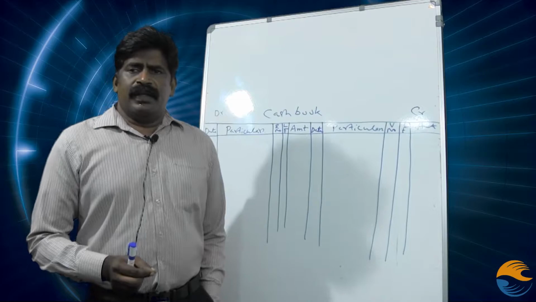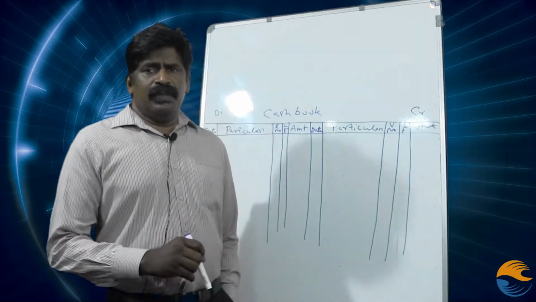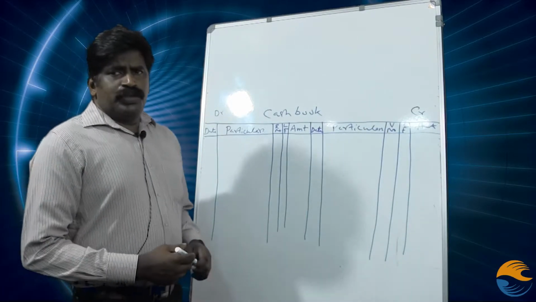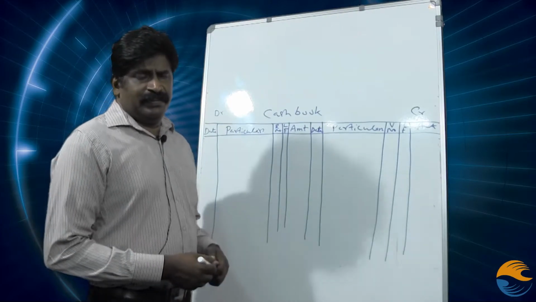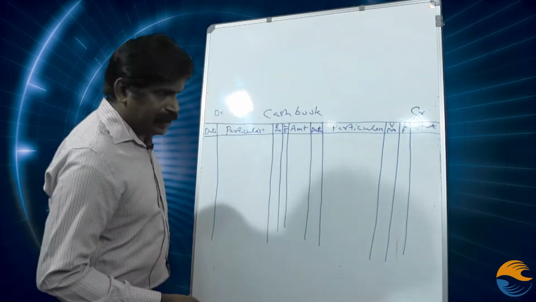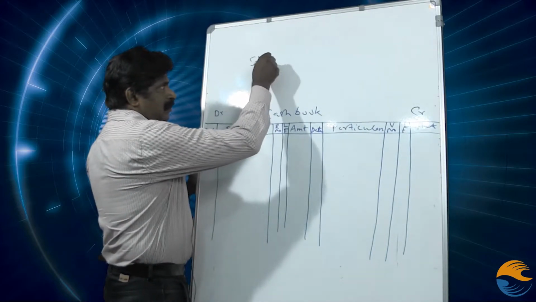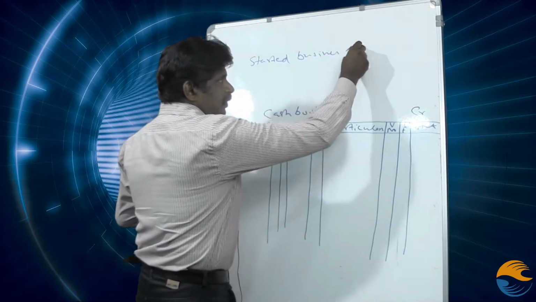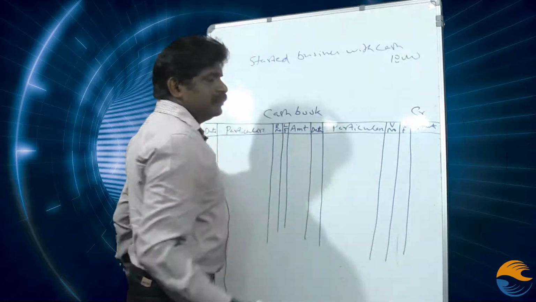How to enter transactions in this simple column cash book? The procedure is like this. At first we have to analyze a transaction. I write a transaction here. It is: started business with a cash 10,000.